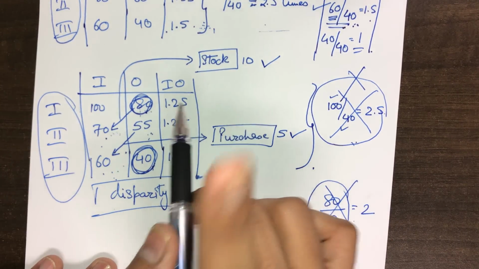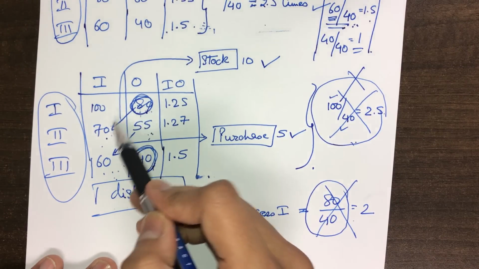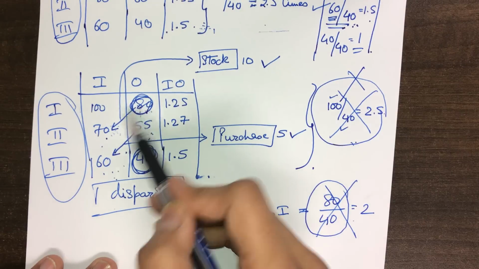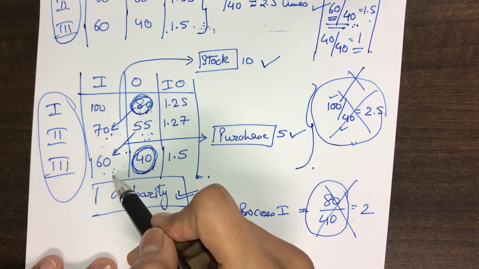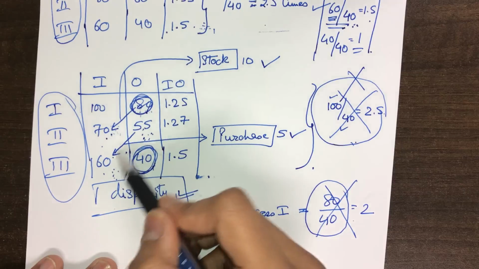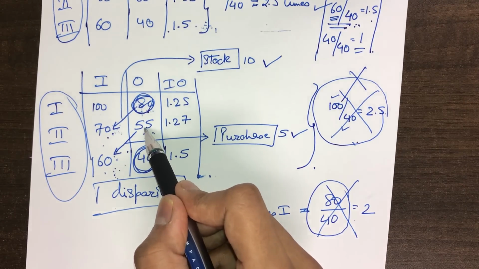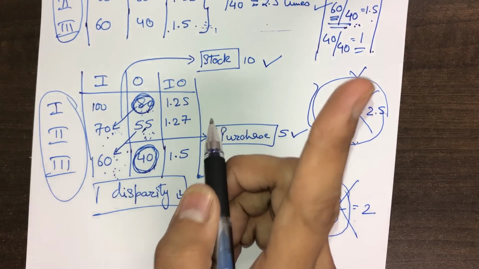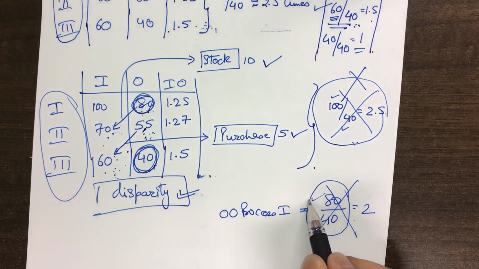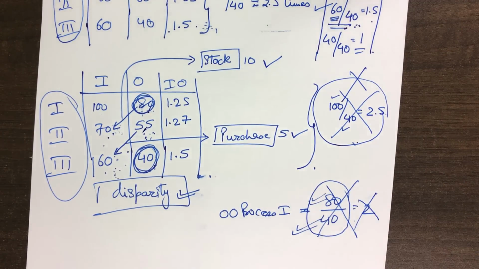Reason is that input has been saved in stock while process 1 output is transferred into process 2. Then certain input was also purchased from the market. 5 units were purchased from the market or were utilized from the opening stock to attain the 40 units of output. So you cannot say that 80 units of output of process 1 will give 40 units of output of process 2. No, the answer is incorrect.